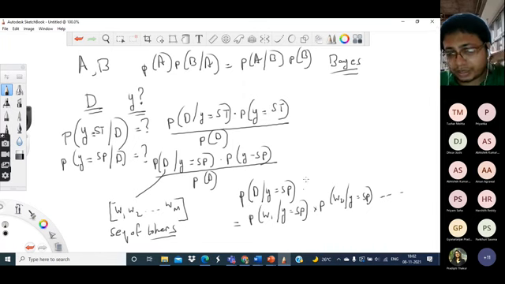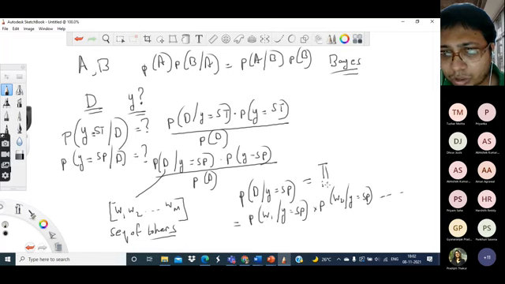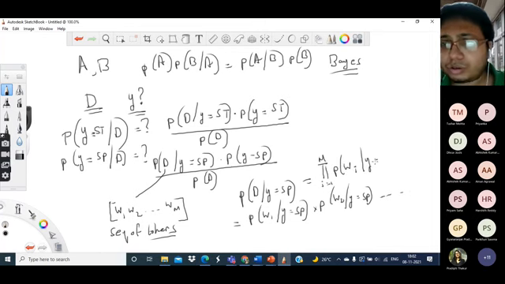So this is basically equal to the product over i equal to 1 through M, where M is the number of tokens, of P of Wi given Y equal to sports.